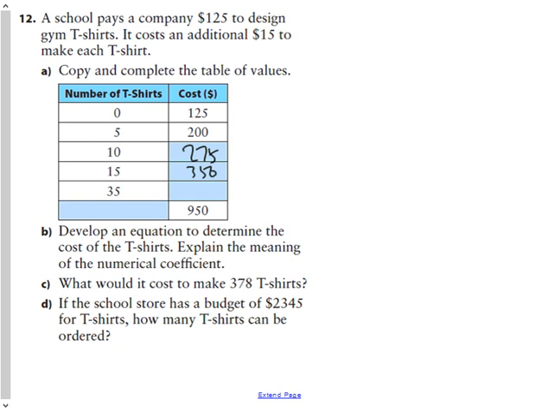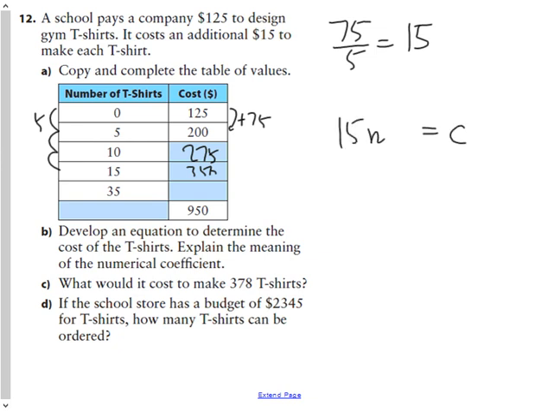But what we want to do is look, I stop here because as you can see, it goes up by 5, up by 5, up by 5, and then it goes up by 20. So I don't want to include that last one, because I want to make sure that I just include the ones that are part of my pattern to work. So up 75 and up 5. 75 divided by 5 is 15, which means that is the coefficient that shows the number of shirts in relation to the cost.